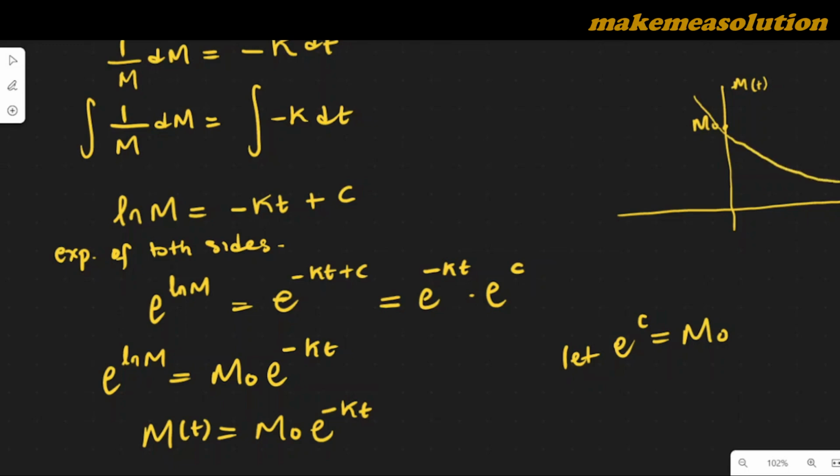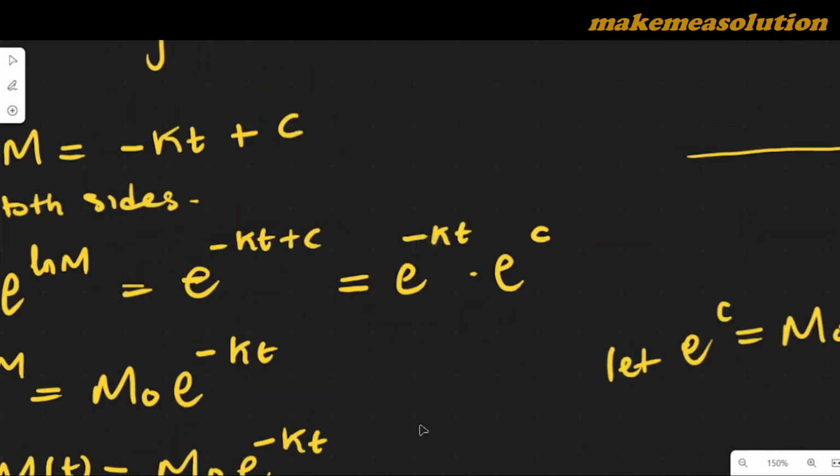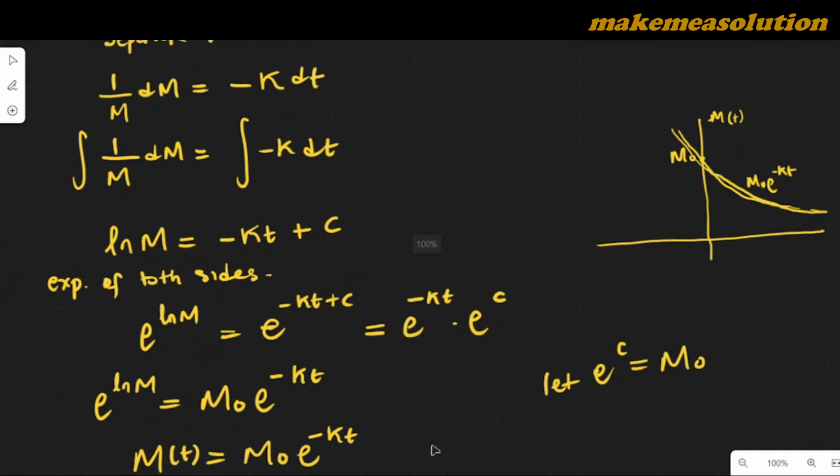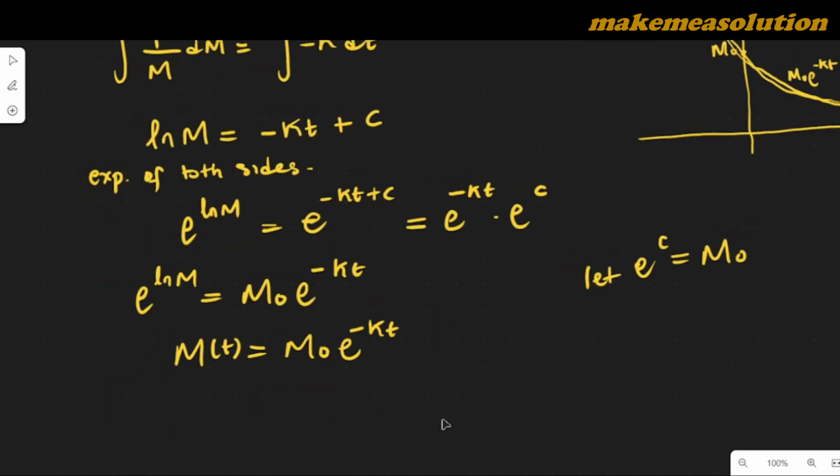It's an exponential graph, a decay curve, and the rule governing this curve is m naught exponential minus kt. So we're going to use initial conditions to determine the value of k. The initial conditions will help us to determine the value of k.